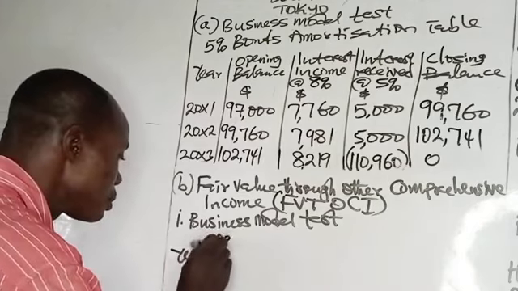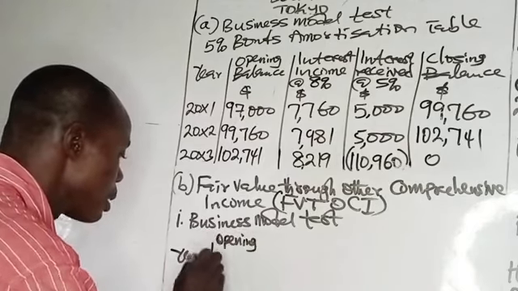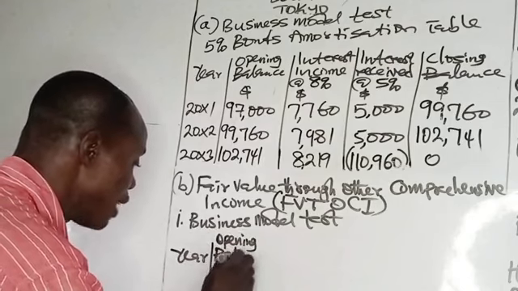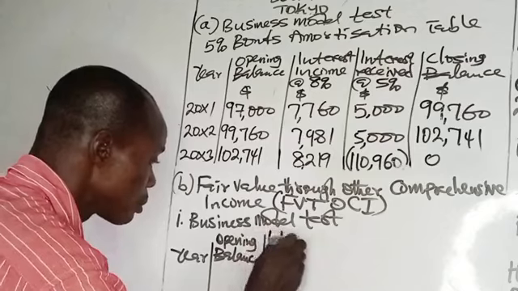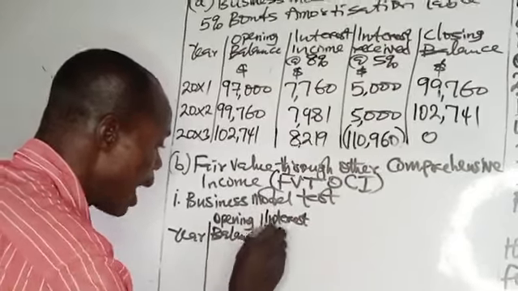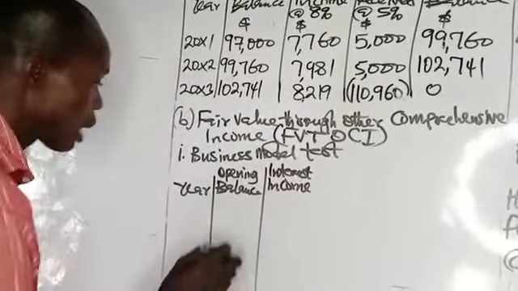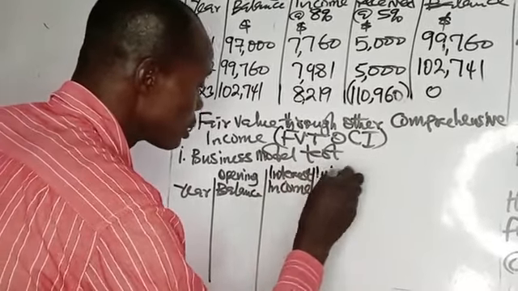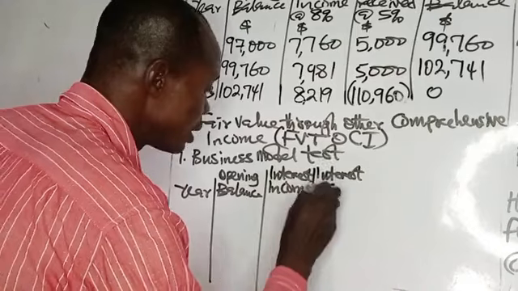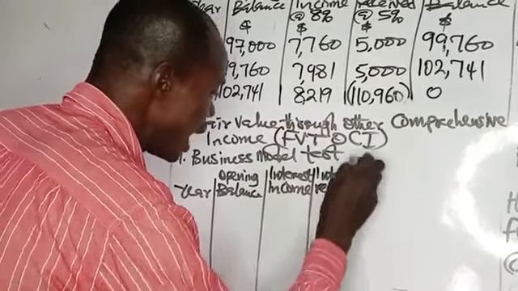Opening balance, which is always at fair value. Interest income as earlier calculated. Then interest received as calculated earlier.